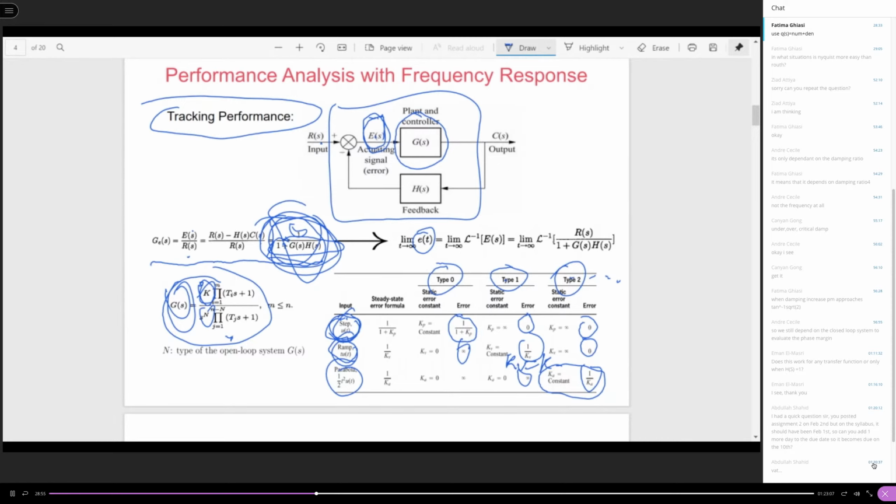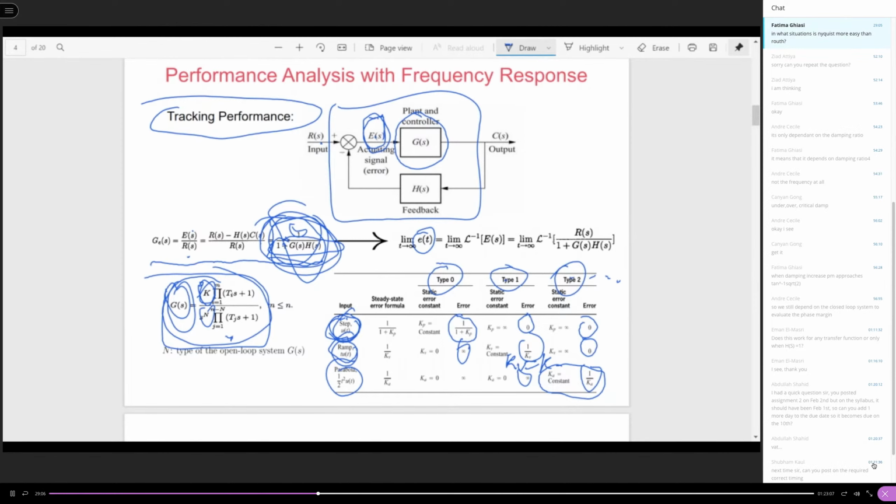So I just want to say that with the information of the open loop system, you can check both the stability and the tracking performance, no problem. And on the application order, you have to apply the Nyquist stability criterion to check the closed loop system stability first, and make sure that for this open loop transfer function, the closed loop system is stable.